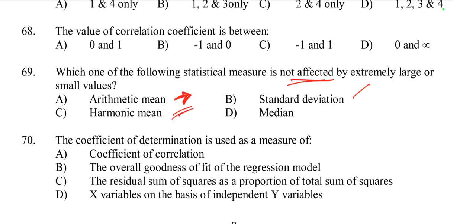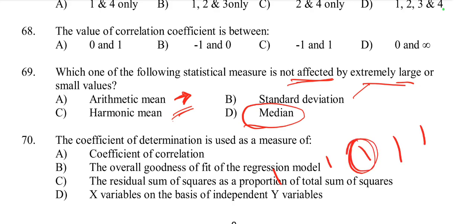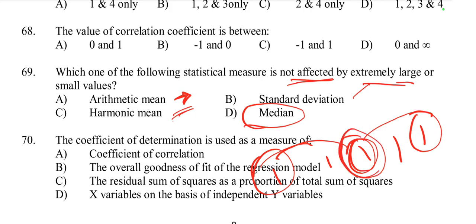So these are all affected by extreme values, but the median is not affected, because the median indicates the exact middle position of a series. It cannot be affected by whatever the first or last extreme values may be, but indicates only the middle value.